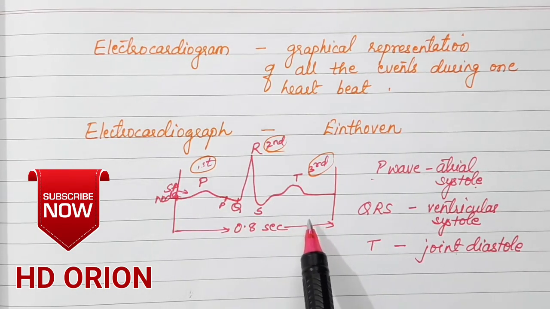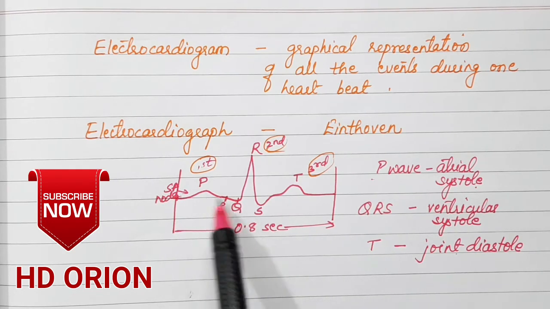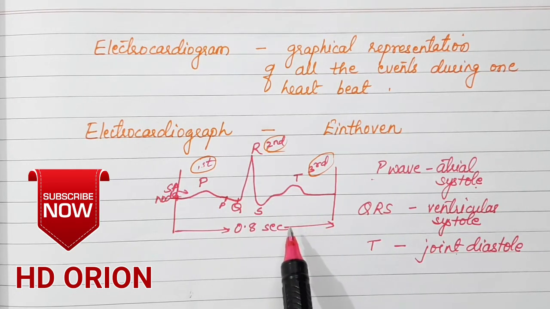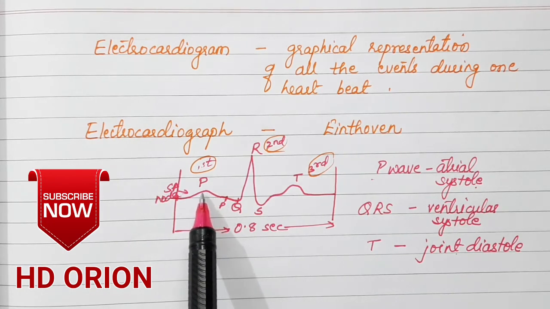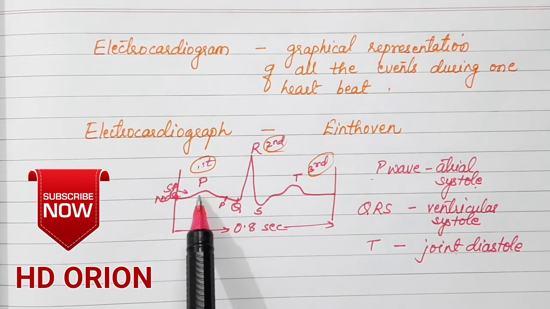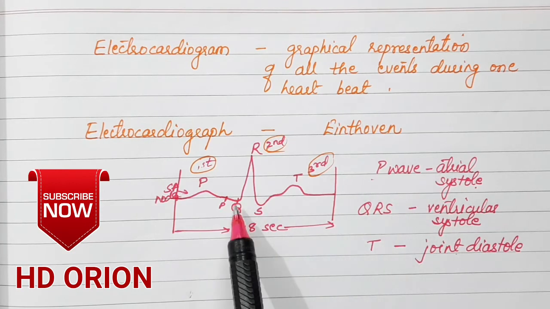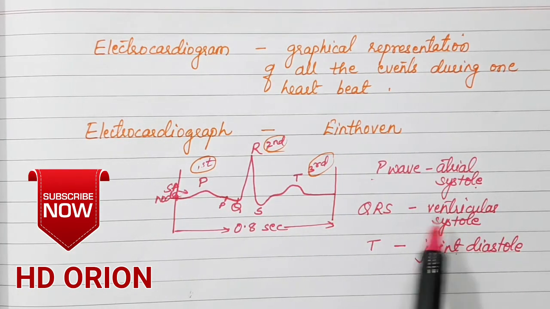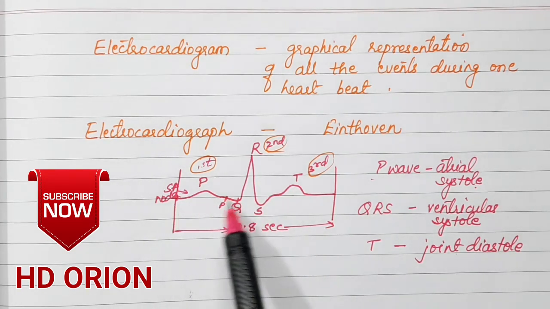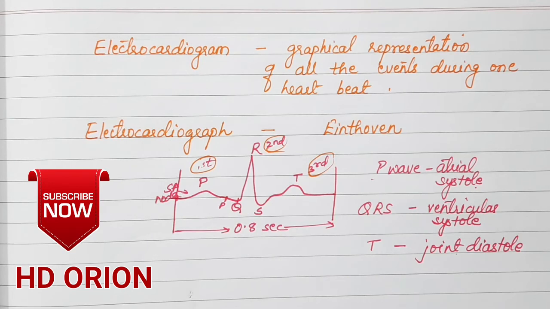But if we see that of a diseased person, a patient who is having some heart problem, there will be deflections, and the doctor will read this ECG pattern to tell where the blockage is or where the performance of the heart is not proper. If something has happened near the P wave, that means the auricles are not functioning well. If it is in the QRS, the ventricles are not functioning well, and maybe the valves are not functioning well. So this is all represented by the ECG or the electrocardiogram.